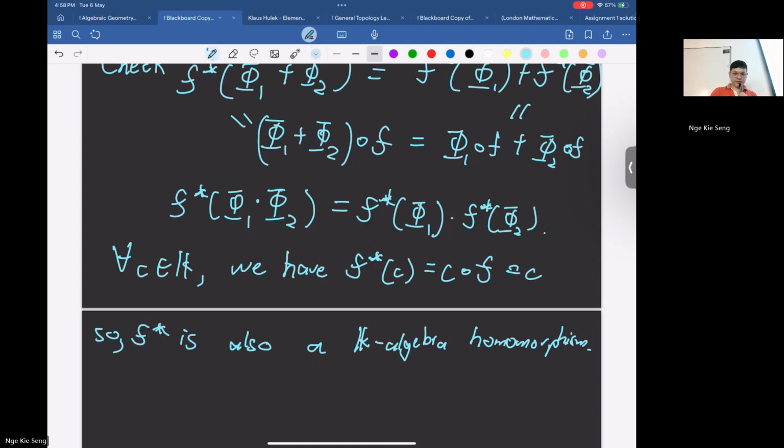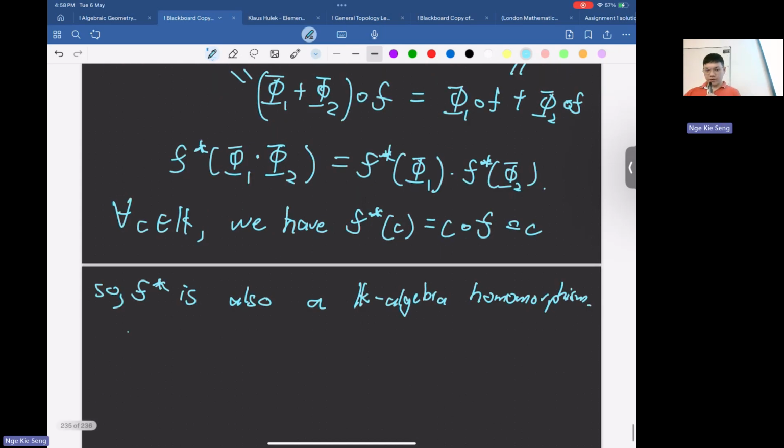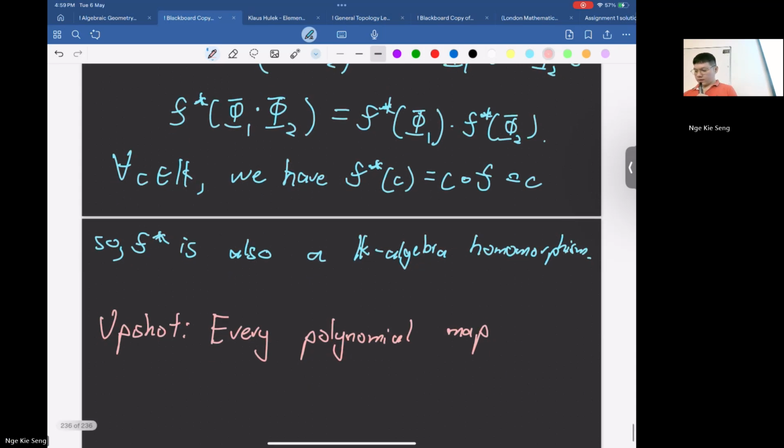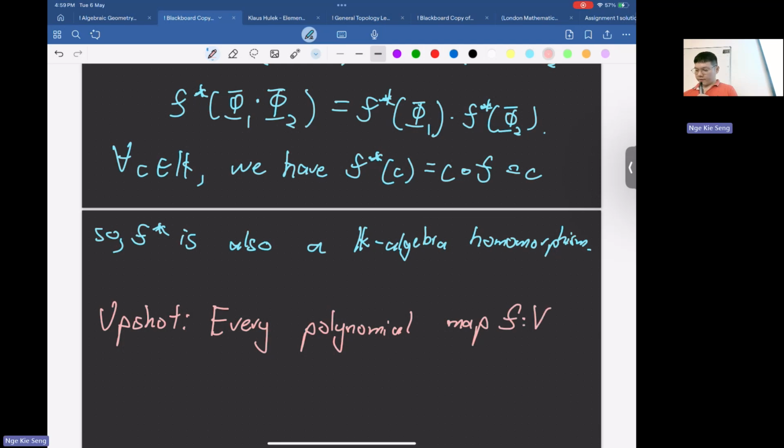Okay, so the upshot here is every polynomial map f from V to W gives rise to a K algebra homomorphism.